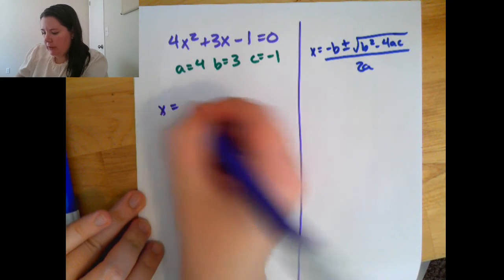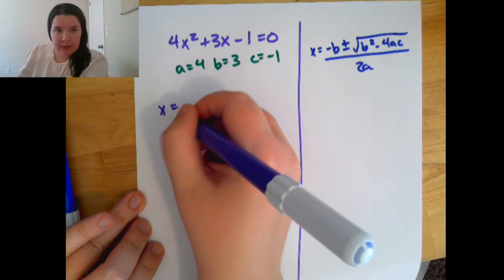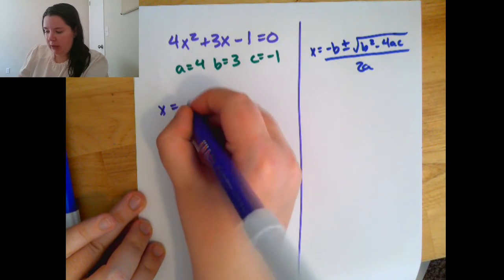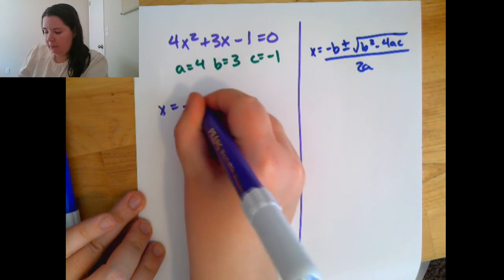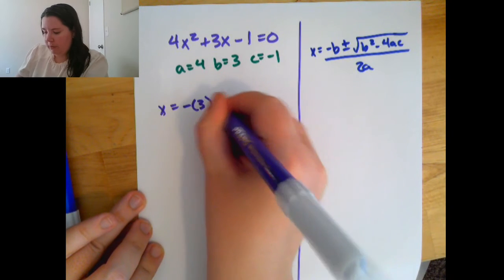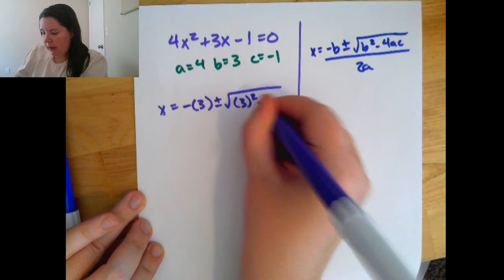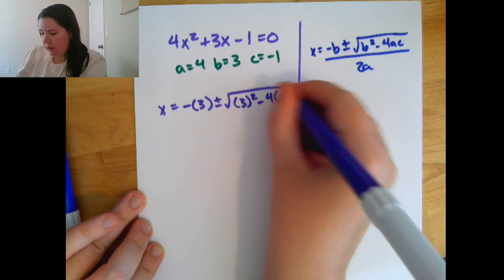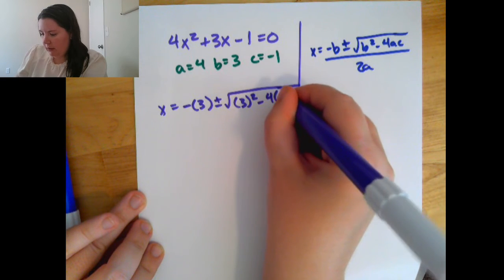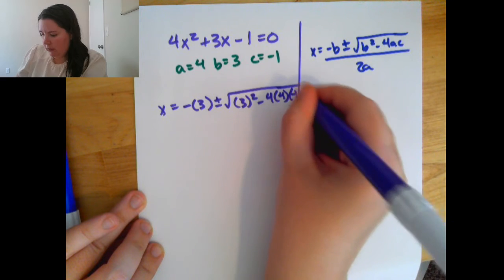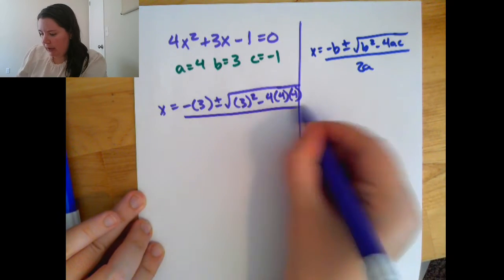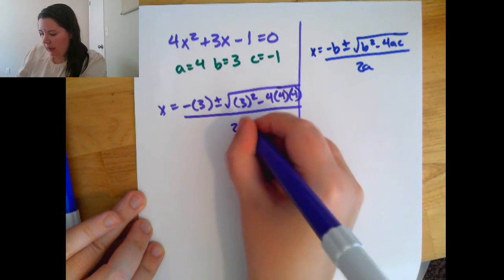X equals, and I'm going to use parentheses here to show substitution. X equals negative b plus or minus the square root of b squared minus 4ac, all divided by 2a.